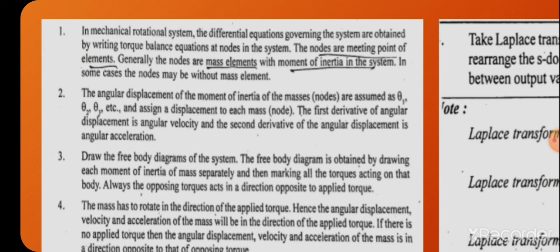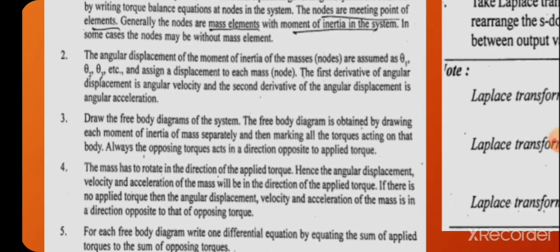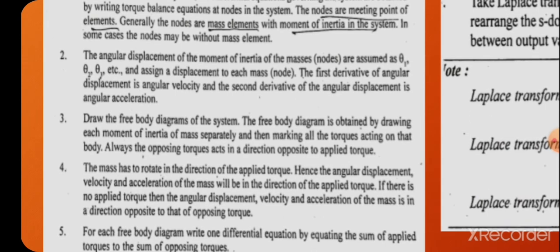And in this third step, we draw the free body diagram of the system. The free body diagram is obtained by drawing each moment of inertia of mass separately and then marking all the torques acting on the body. Always the opposing torques act in a direction opposite to the applied torque. So in the third step, we draw the free body diagram of the system.